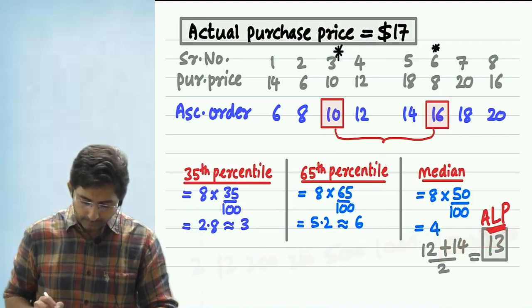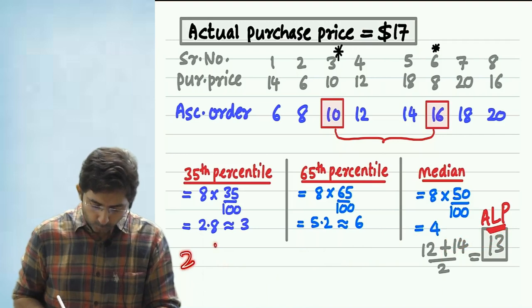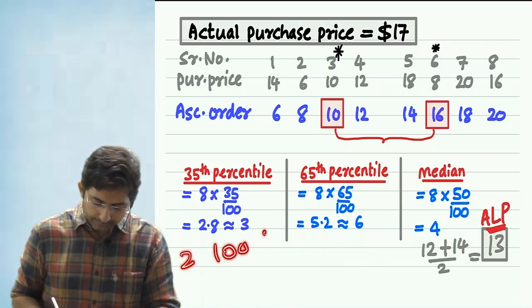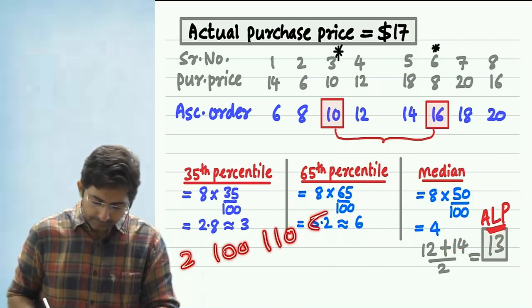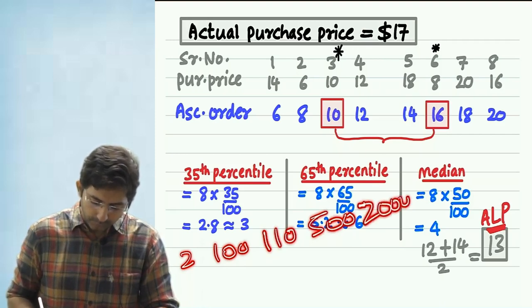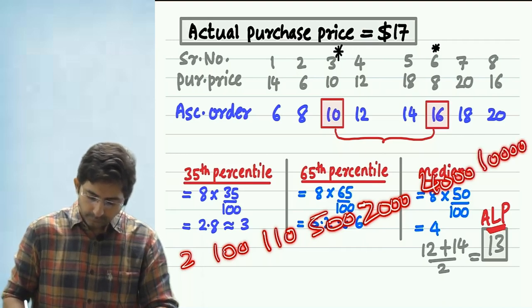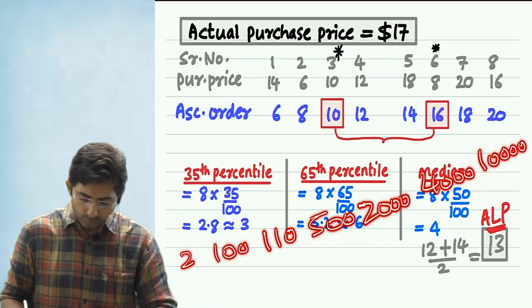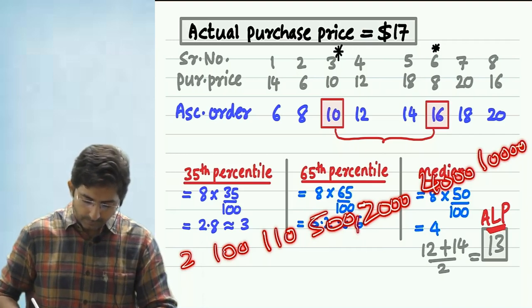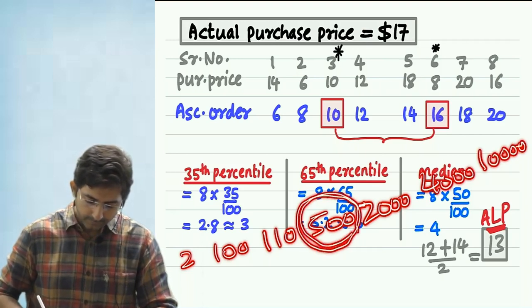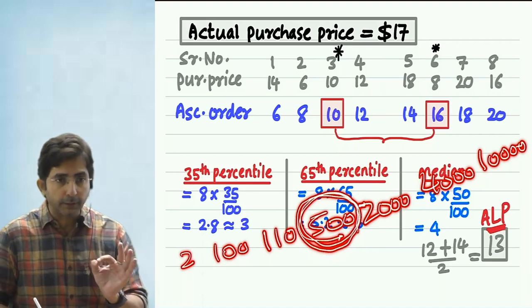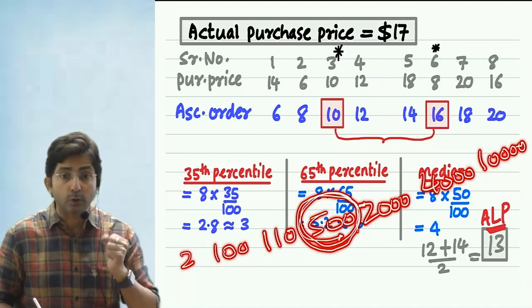Wait, I give even data. 200 and then 110 and then say 500 and then say 2000 and then 4000 and then 10,000. Now tell me which is the centralmost? Central most is 500.